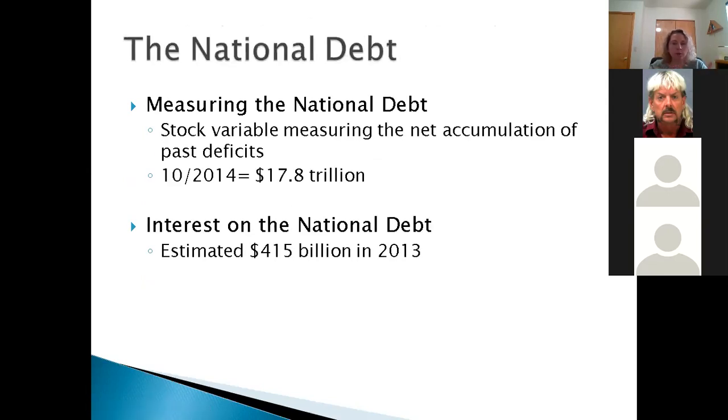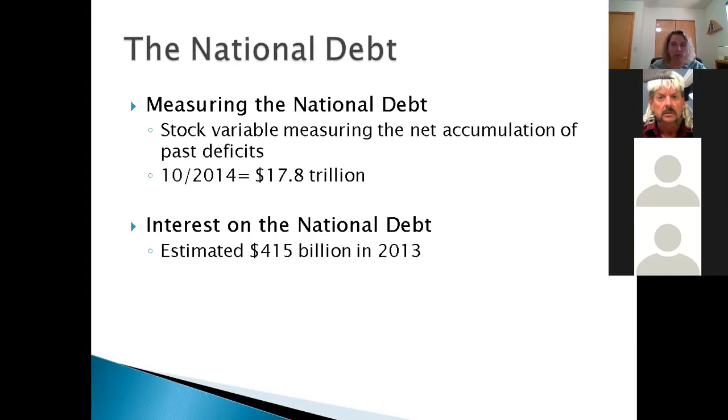Okay, I know these are some old numbers here, but I always try to put in what your book has, because I put in your author's information, and then I can talk about how it's different. Measuring the national debt, again, you've got to look at this website. It will really trip you out. The national debt is a stock variable, measuring the net accumulation of past deficits.